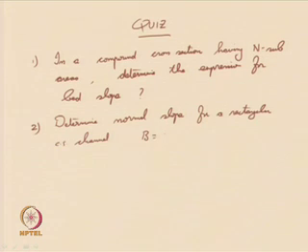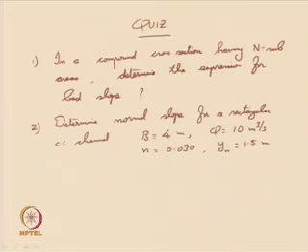The width of the cross section is 4 meters, discharge in the channel is 10 meter cube per second, Manning's coefficient is given as 0.030 and the normal depth of flow is 1.5 meter. For a rectangular cross section channel, it is quite easy. It hardly takes 30 seconds for you to solve them.